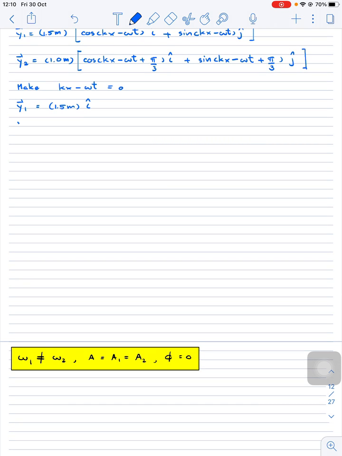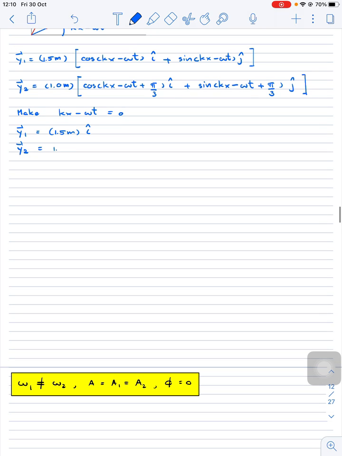Now for y2. We have 1.0 meter times the cosine of pi over 3 times the vector i, plus the sine of pi over 3 times the vector j.